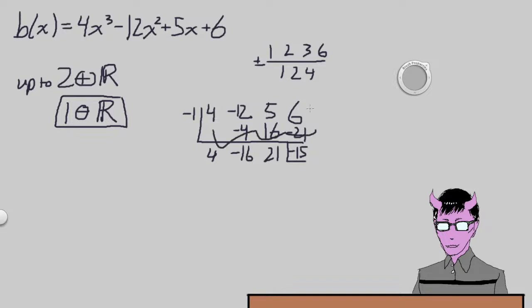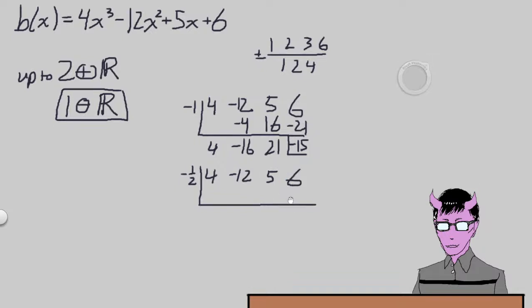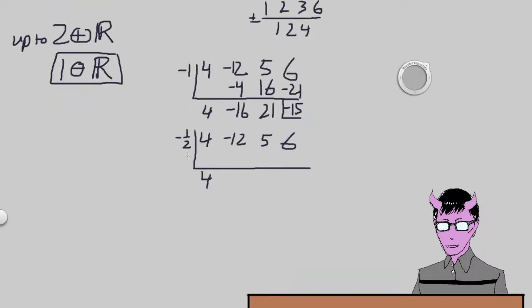We need something a little different, of course. You can see that the number snowballed a bit, so maybe we'll try -1/2 as a potential 0. Copy paste those numbers, of course. 4, -12, 5, and then 6. Drop that down, multiplication. We get that. That looks okay. So we have -14, and then we have +7.